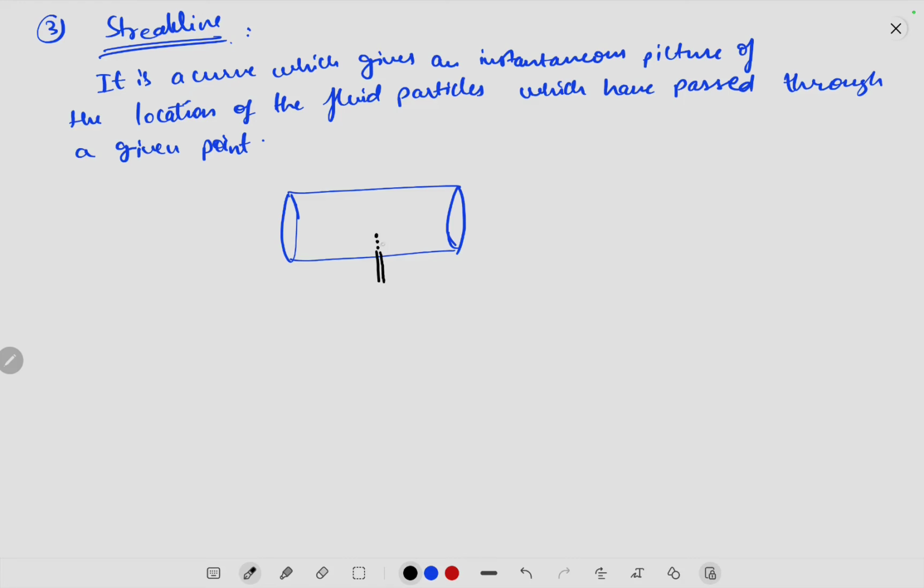Now depending upon the fluid flow about this point, these tracer particles would follow that trajectory, right?